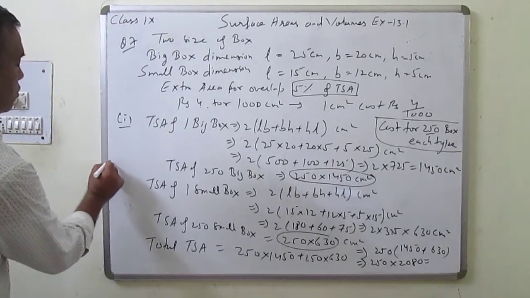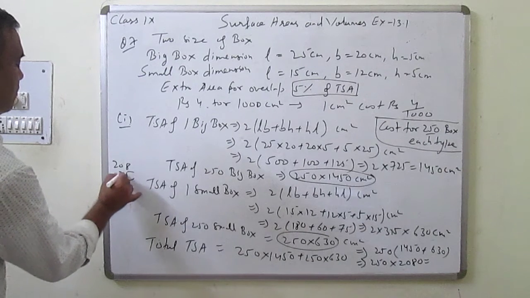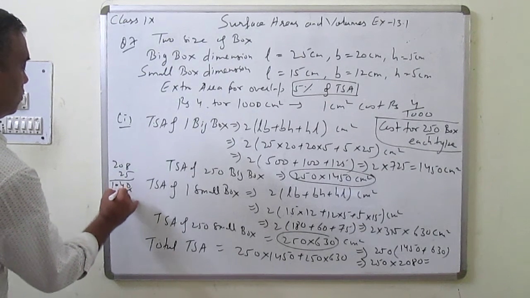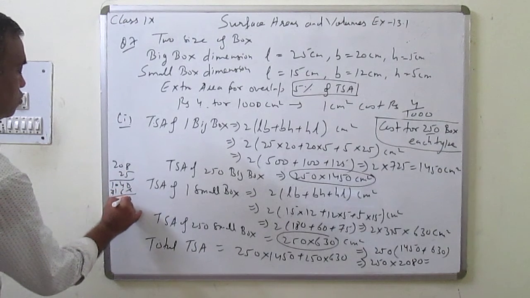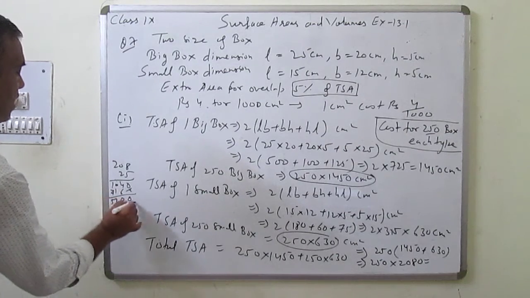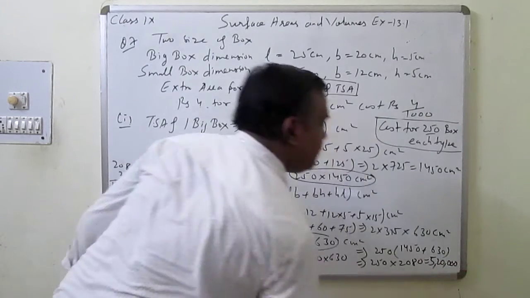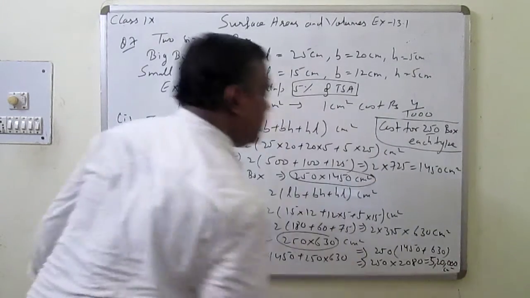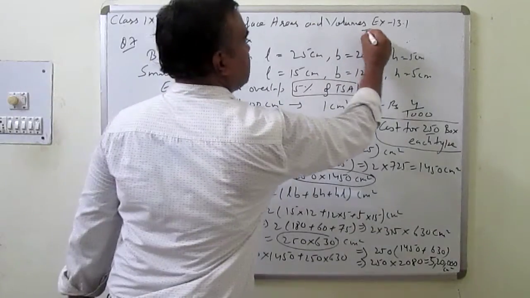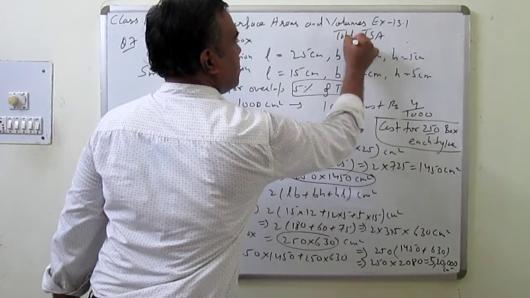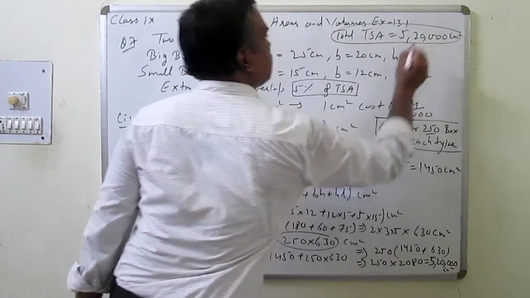It comes out to be 5,20,000 centimeter square. Here I can write TSA of both. Total TSA कितना आया? 5,20,000 centimeter square. This is the total TSA.